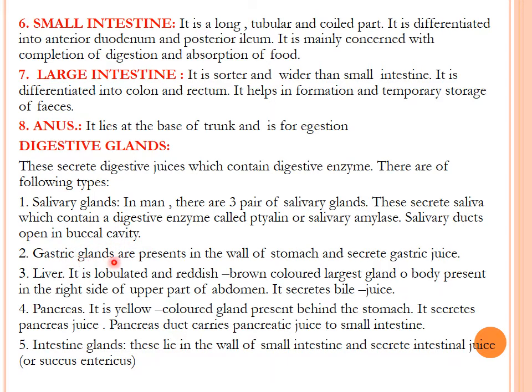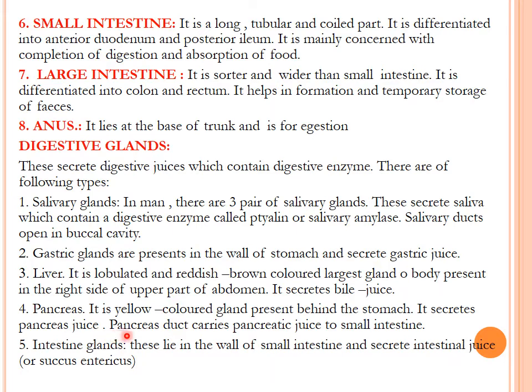Now next is the gastric gland. It is present in the wall of the stomach and secretes the gastric juice. Second gland is the liver. It's the largest gland. It's lobulated and reddish brown colored. It's present on the right side of the upper part of the abdomen, and it is concerned with the secretion of bile juice. Next is the pancreas. It is a yellow colored gland present behind the stomach.